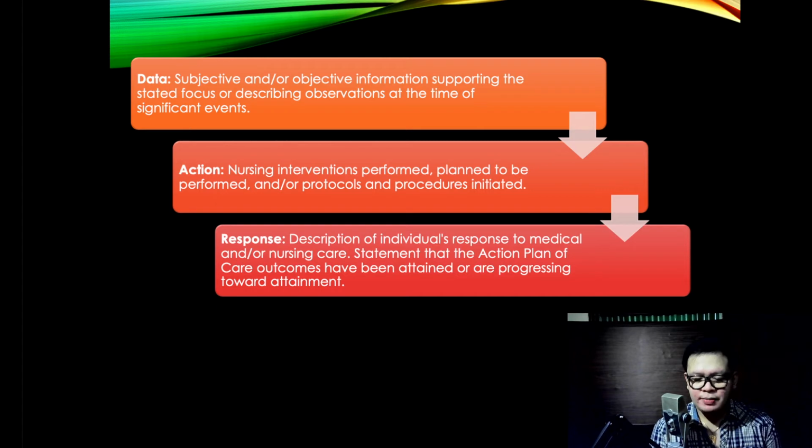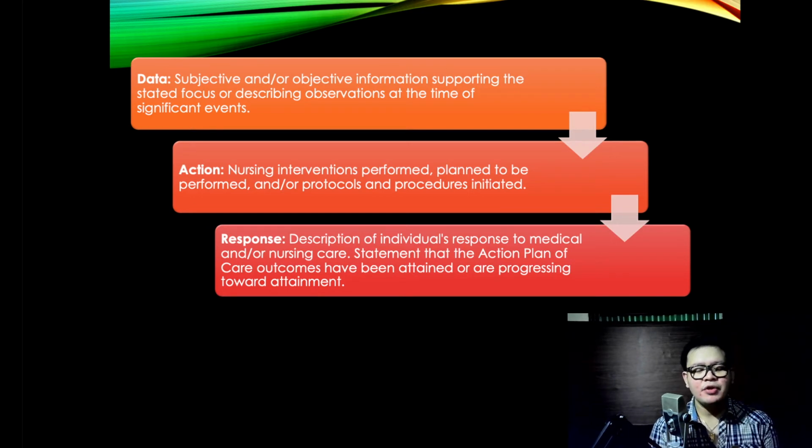Next, it should be followed by a response. This is a description of the individual's response to the medical and nursing care, and a statement that the action plan of care outcome has been attained or is progressing toward attainment. Before you write your response, write first the letter R, followed by the description of the response of the individual or the patient. The response could be positive or negative.